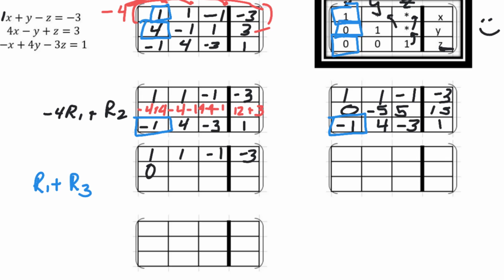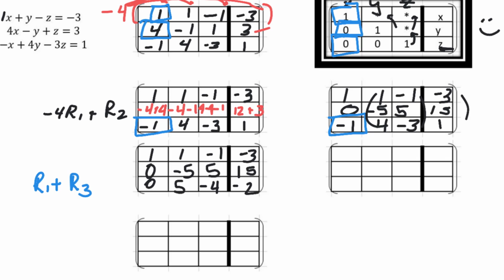I'm not changing row 2. I am going to change row 3 by taking row 1 plus row 3. There's my 0. Once again, could care less about these other values, but I need to do the calculations. So 1 plus 4, 5, negative 1 plus negative 3, negative 4, and then negative 3 plus 1, negative 2.